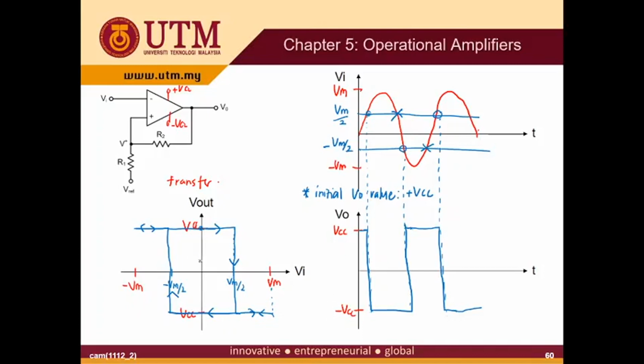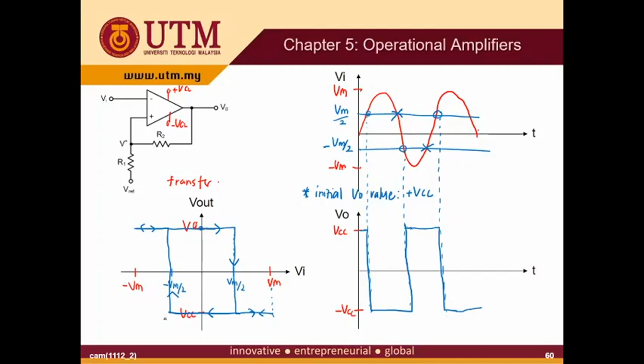Okay. As for the transfer characteristic, in terms of labeling, you need to be aware that for Vout the maximum is plus VCC and the minimum is minus VCC. For the input, the maximum is the amplitude, the peak of the input signal. In this case, this is Vm and minus Vm.